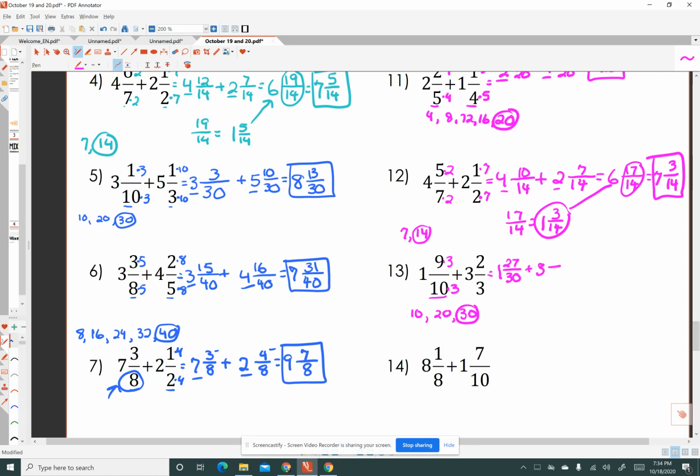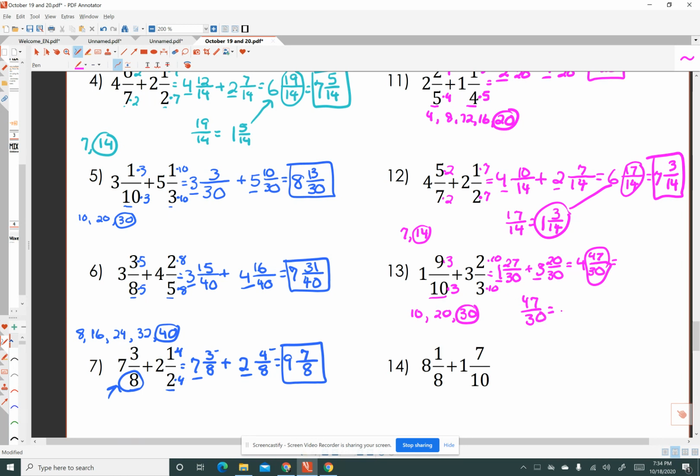Plus 3, and how many 30ths? Well, 3 times 10 is 30. 2 times 10 is 20. We'll add the whole numbers. 3 plus 1 is 4. And 27 plus 20 is 47/30. And 47/30 is improper. We have to reduce that.